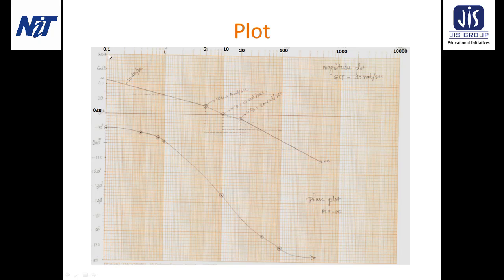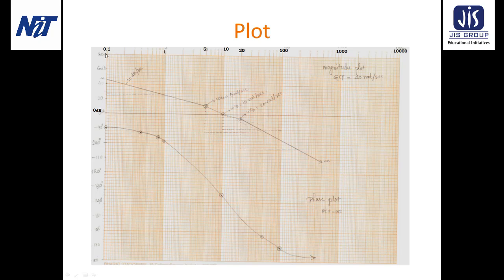Here the first line is 0.1 because omega is starting from this point. If you look carefully, this point is 0.1, then this 2 becomes 0.2, then 3, 4, 5, 6 like this, and it increases up to 10.